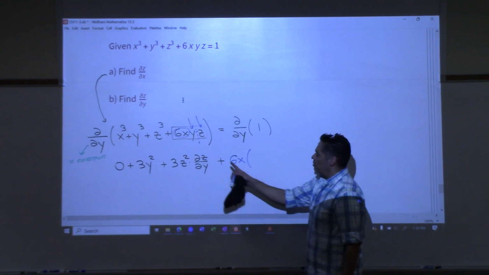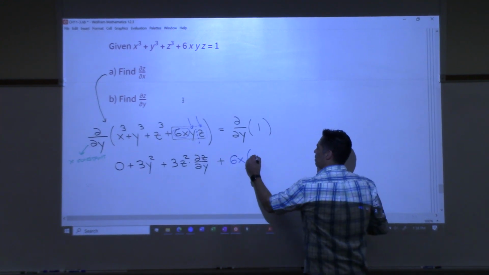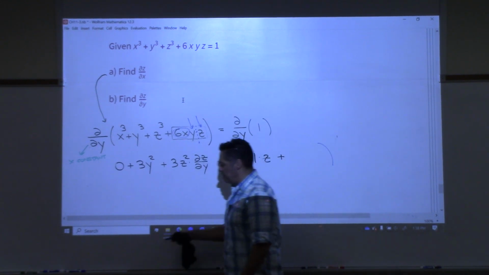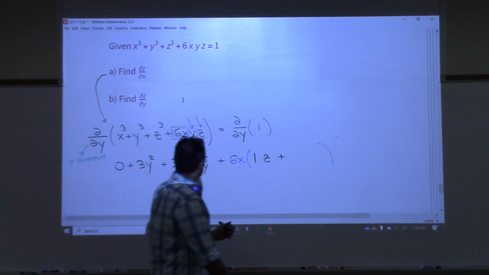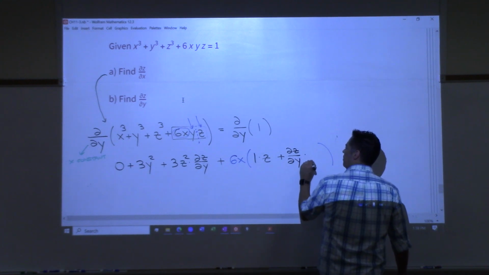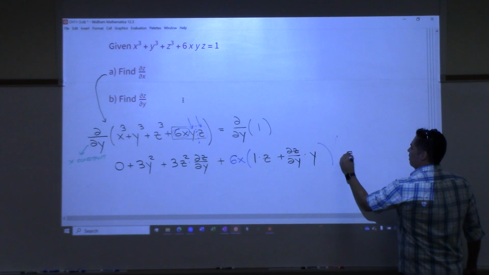So I'm going to just use product rule. Derivative of y with respect to y would be 1 times z, plus now the derivative of z with respect to y, which is a partial again, times y. We're done differentiating the left side, equals 0.